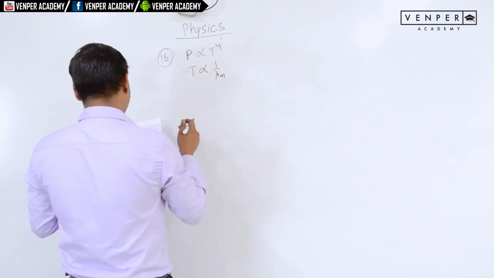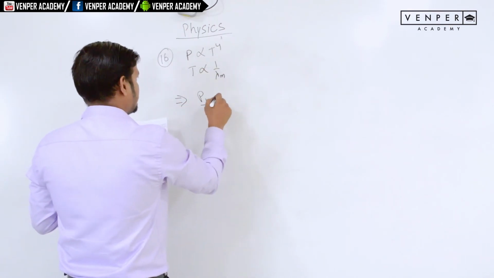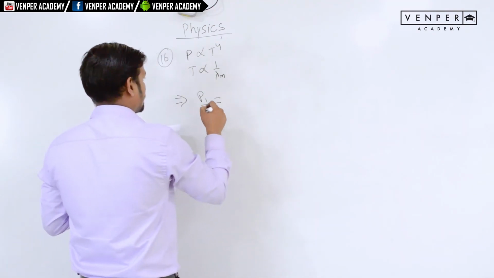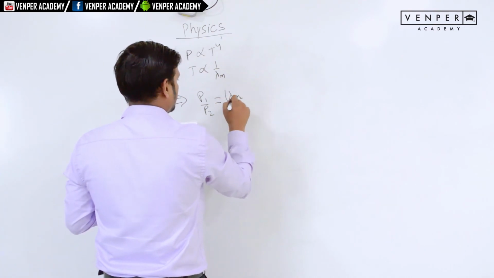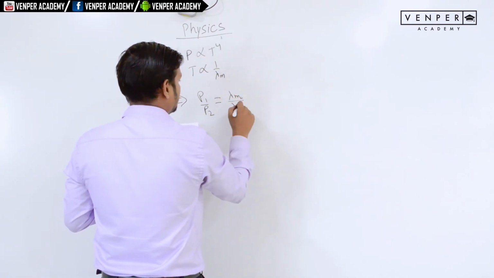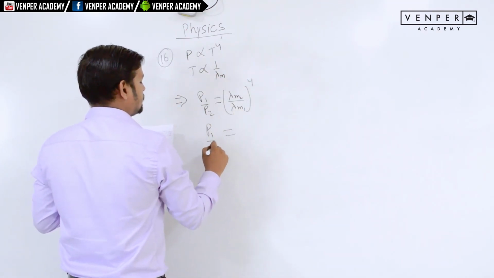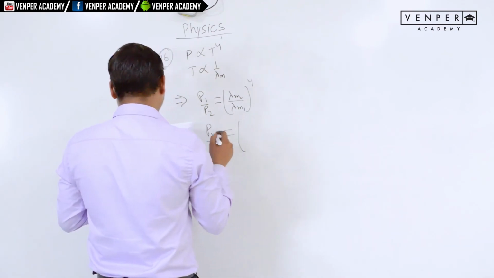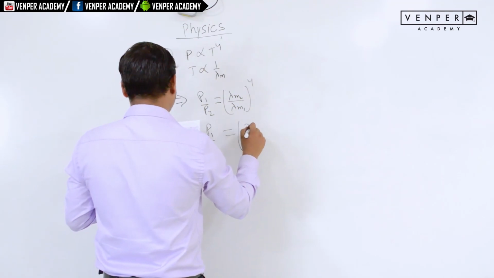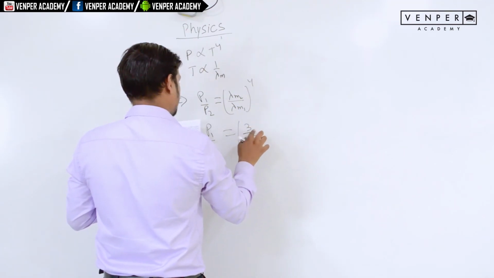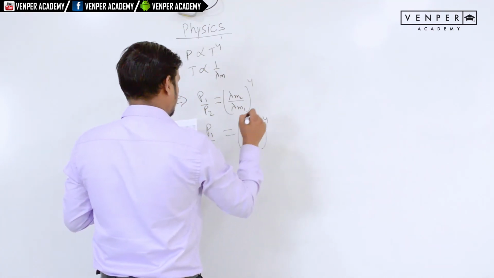So from here what you can say, that P1 upon P2 is equal to lambda m2 by lambda m1 raised to power 4. So P1 upon P2 is equal to, okay, initially it is lambda naught and finally it is 3/4 lambda naught raised to power 4.